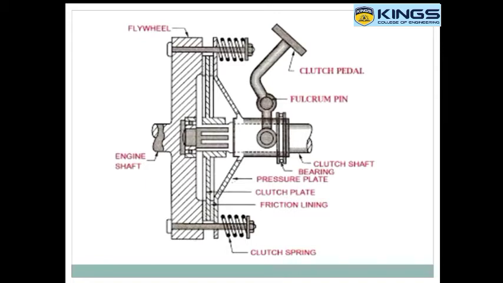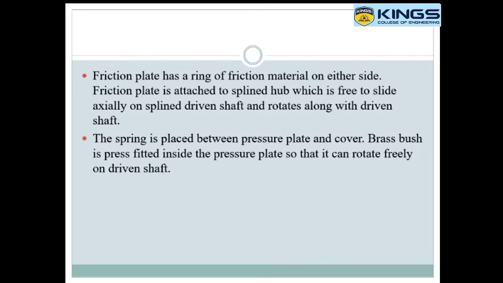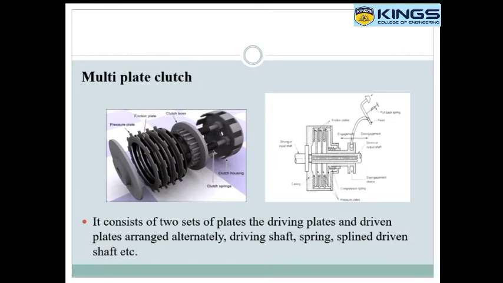In a multi plate clutch, instead of a single friction plate, there are many plates. The advantage is that more power is transmitted to the driven shaft. This is the photographic view of a multi-plate clutch.